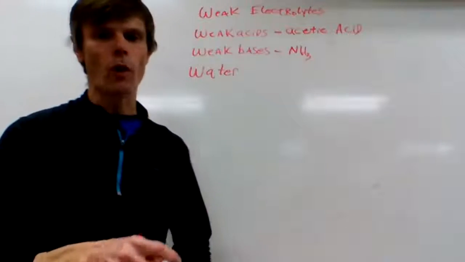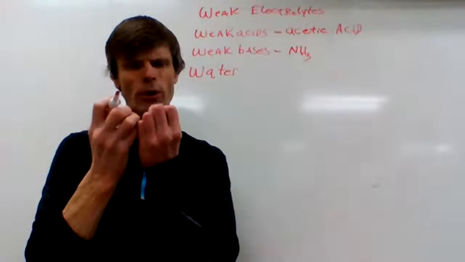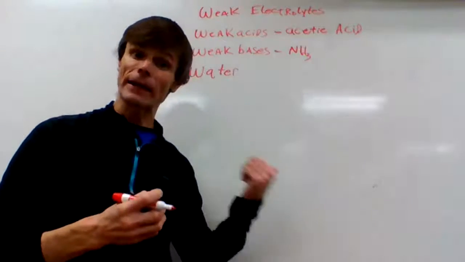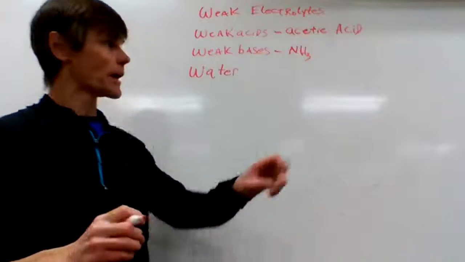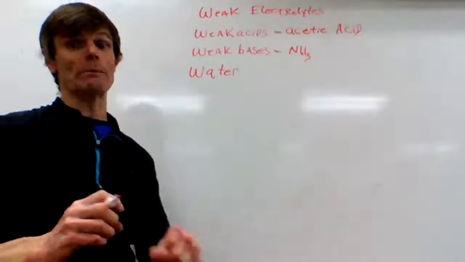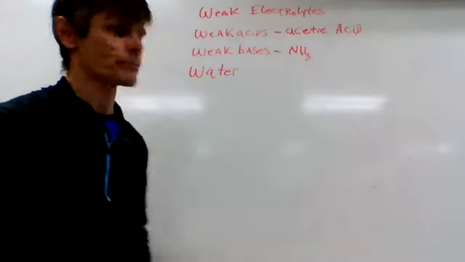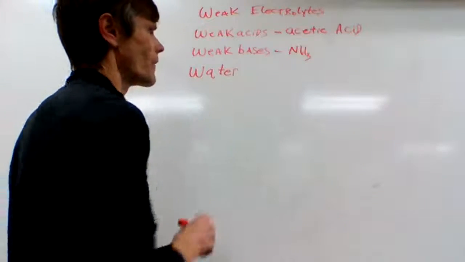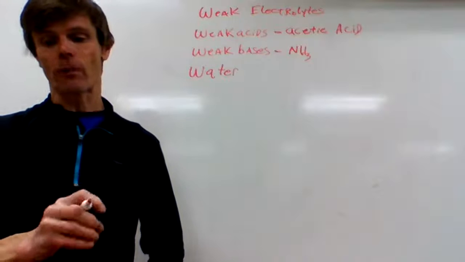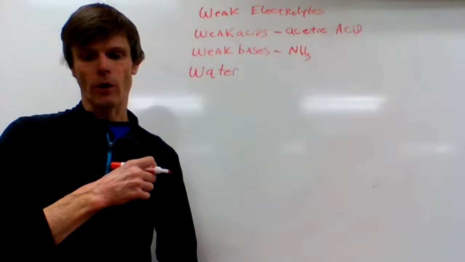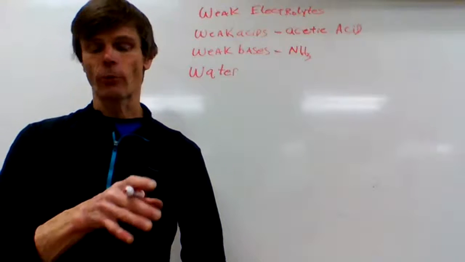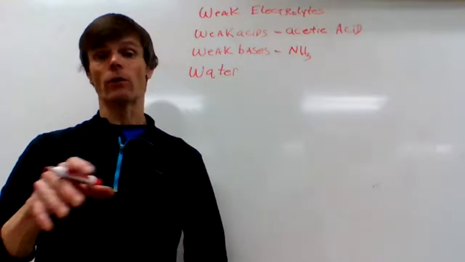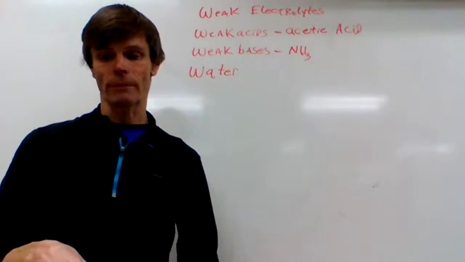If we put it into water, it will accept some of the protons from water acting as a base, and it's going to give us a small amount of hydroxide, and this would actually form the ammonium ion. Water itself ionizes to a very small extent. So, as you recall, we discussed a little bit about HCl, if we dissolve that in water.